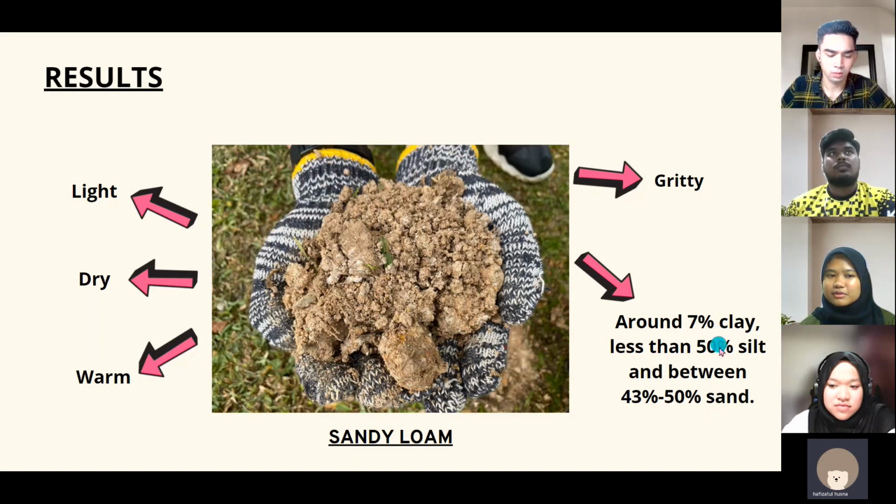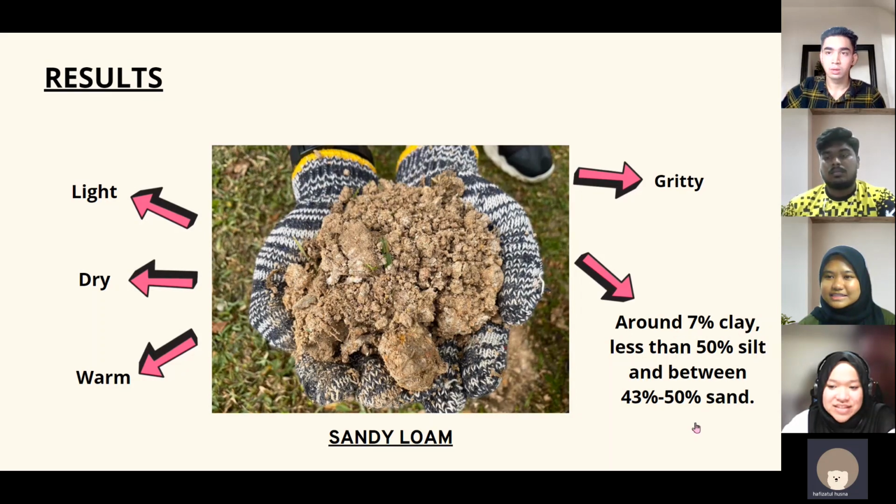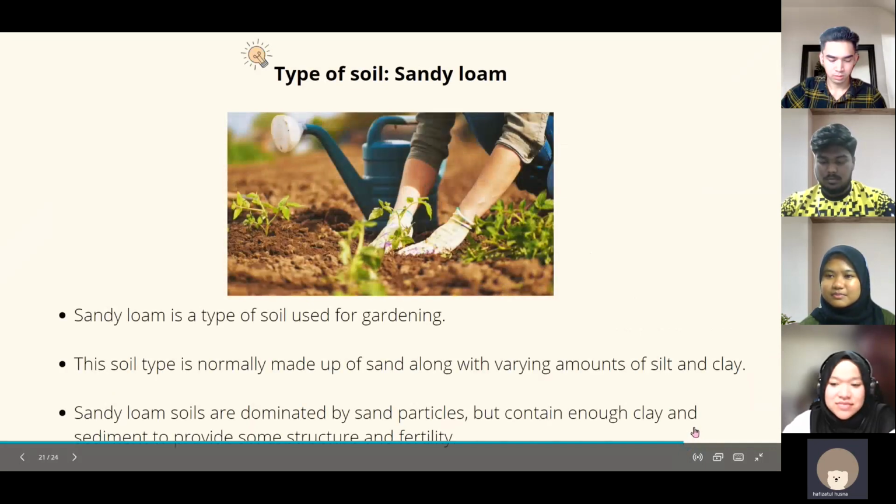Based on our research, it's around 7% clay, less than 50% silt, and between 43% to 50% sand. And based on what we study, this soil that we found is a type of sandy loam. So everyone agree with this? Agree.